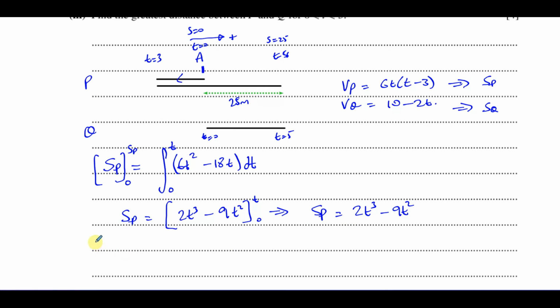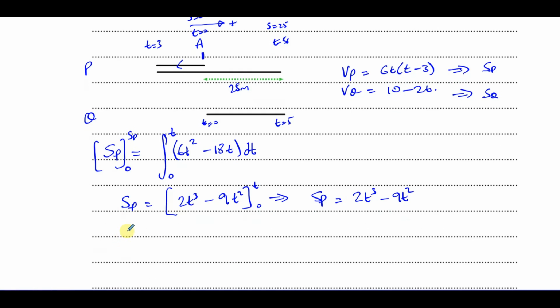And we do exactly the same thing for Q. I'm trying to find what s_Q is. I know that when s is 0, I'm going to do my integral of 10 minus 2t with respect to t.